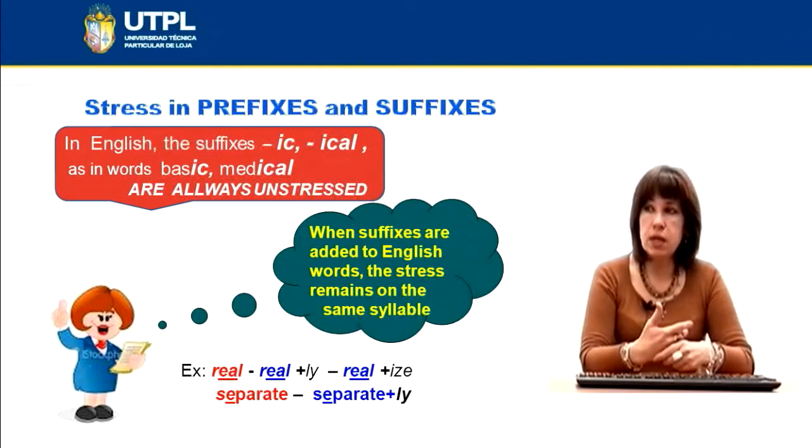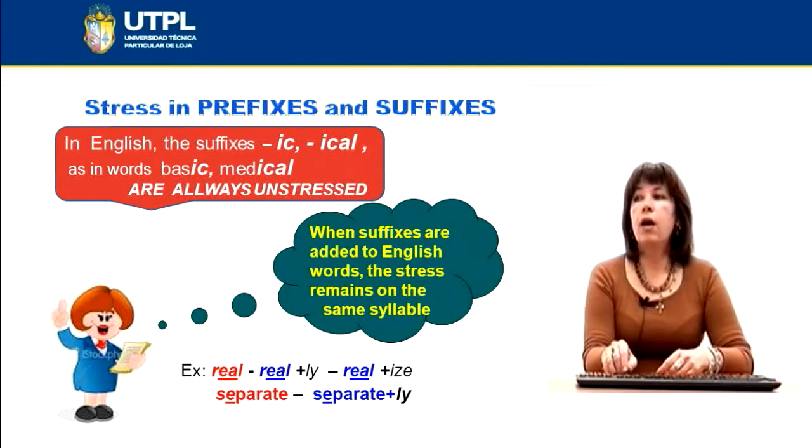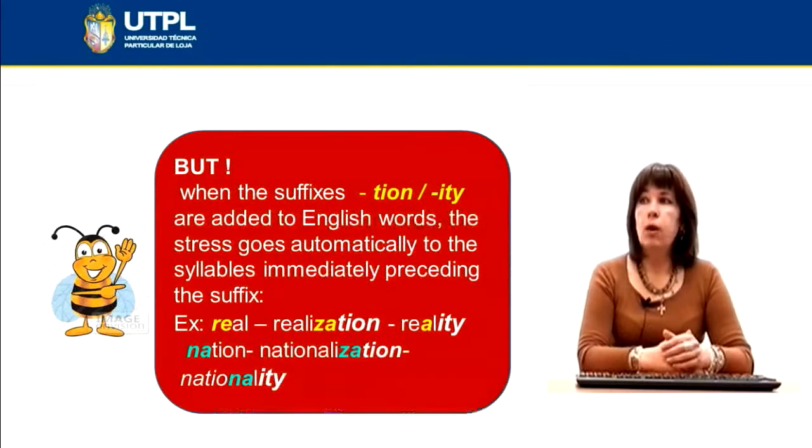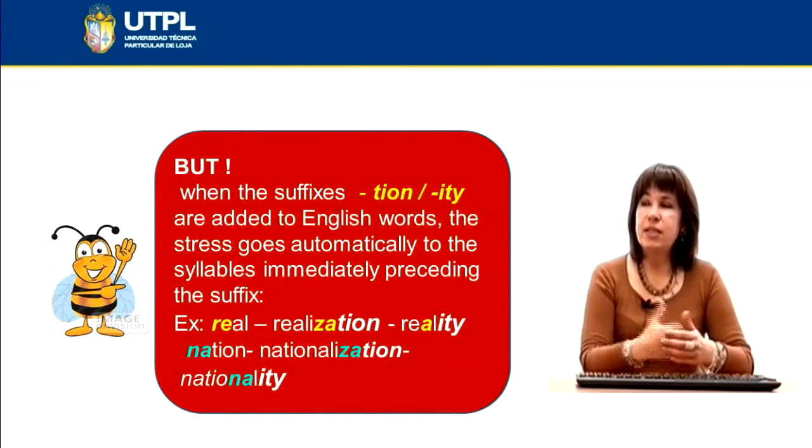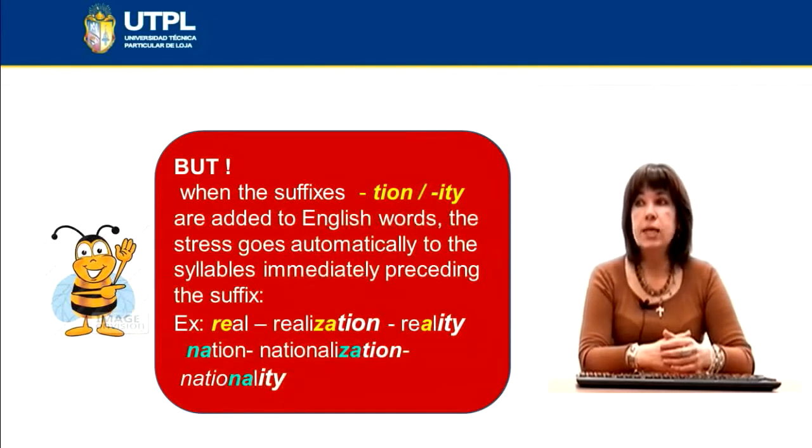But again, English is full of exceptions, and here we also have an exception. When these suffixes are added to English words, the stress goes automatically to the syllable immediately preceding the suffix, like in the examples real, realization, nation, nationalization. You see how the placement works here.